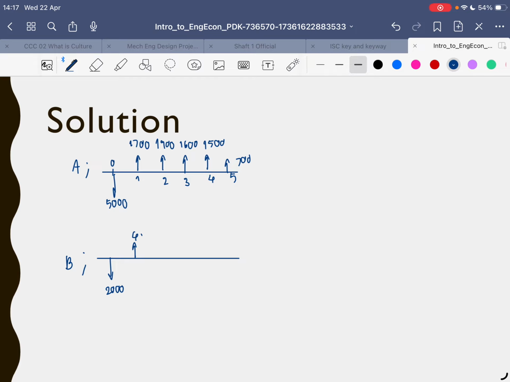In fact, you can use present value or annual worth analysis as well. But in this case, let's use IRR. Calculate IRR for project A. You want NPV equal to 0, right?